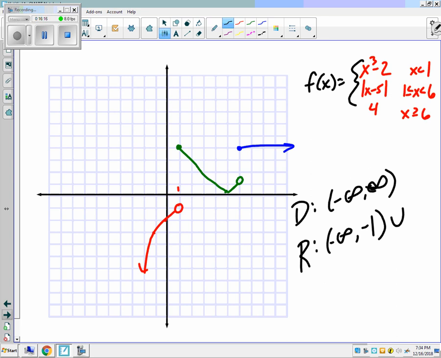It's absolutely right. So it does touch 0, and it touches every value going up until 4. Does it touch 4? Yeah, it's touching 4. So that would be the range. Start at the bottom and just look at all the y values and see what's being touched.